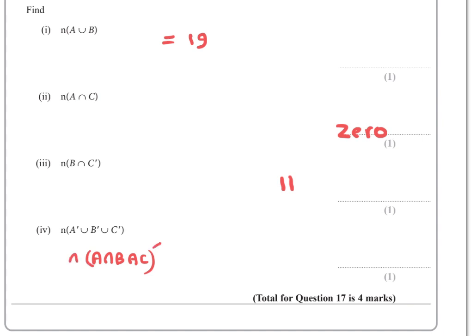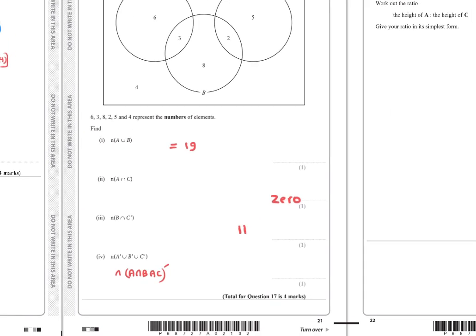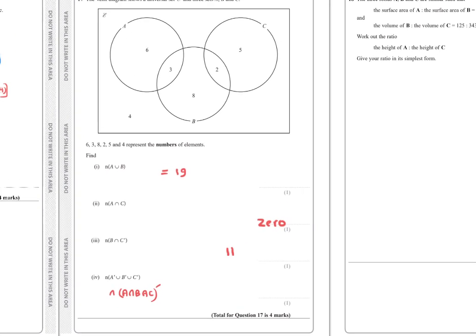Now to find the number of not the intersection, there is no intersection between A and B and C. There is no common elements between the 3 sets. So not the intersections means all the elements in the universal. So add all. 4 plus 6 plus 3 plus 8 plus 2 plus 5 equals 28.